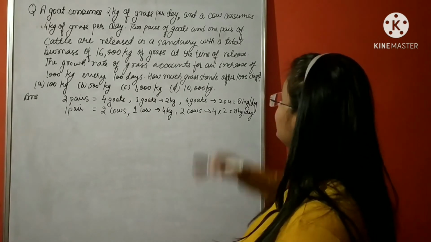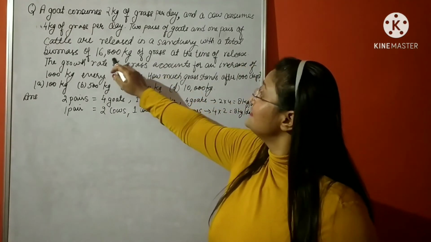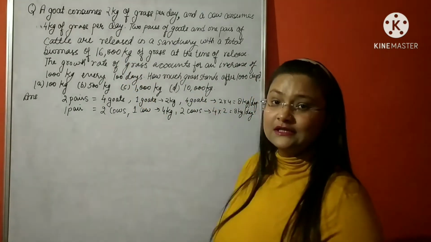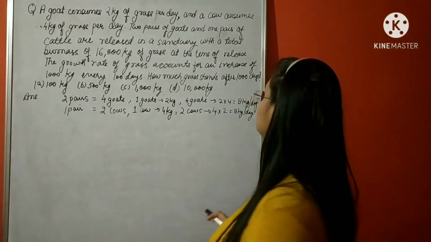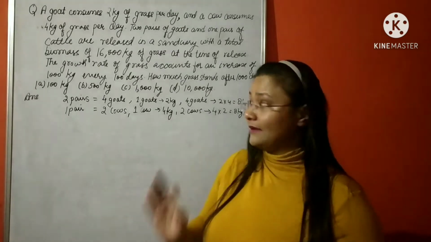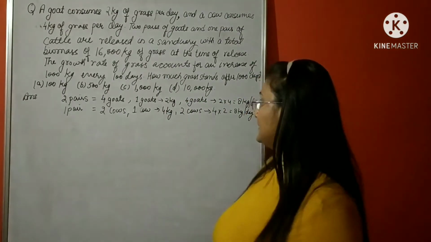Also, in the sanctuary where they have been released, the total biomass is 16,000 kg. The biomass of grass is 16,000 kilograms when they were released. But this grass also increases per day.